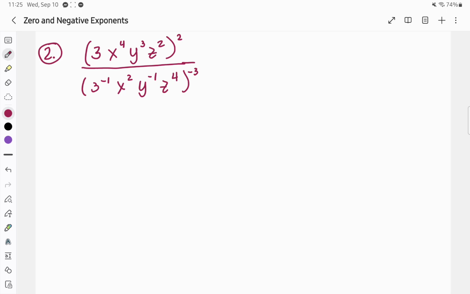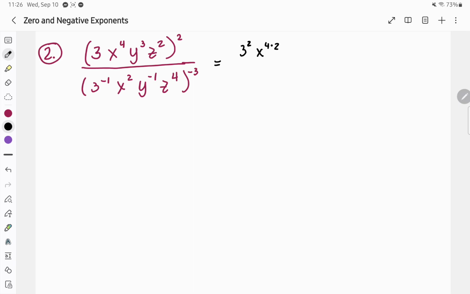Okay? So, let's continue. You will start with using the power of a product rule, or you will want to distribute this sa bawat bases. Ganun din ito. So, let's start. You'll have 3 raised to 2. Ito, galing dito. Then, that will be x raised to 4 raised to 2, or that will be multiplied by 2.